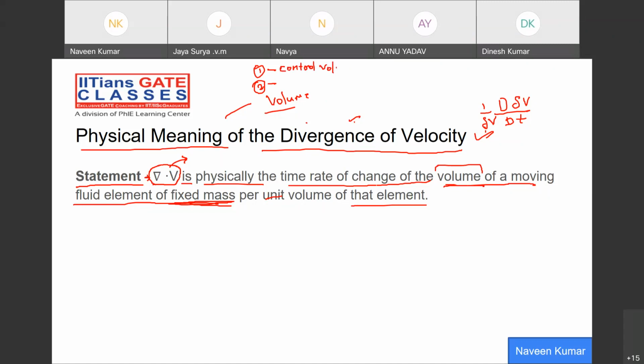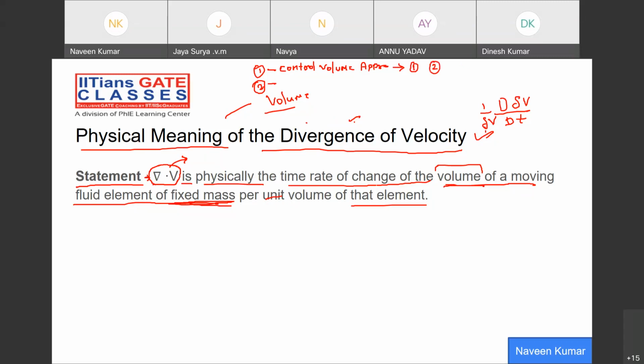Control volume approach, right? And this also has two cases, fixed in space or moving with the fluid. Fixed in space means every time the fluid element will be different, and the mass of the fluid element would be different. Can I say like this? If every time the fluid element is different, the mass of the fluid element in the control volume would be different. Yes, sir, for the first case.